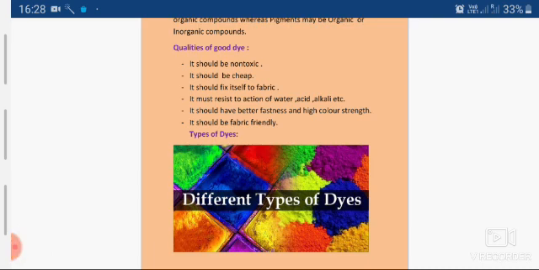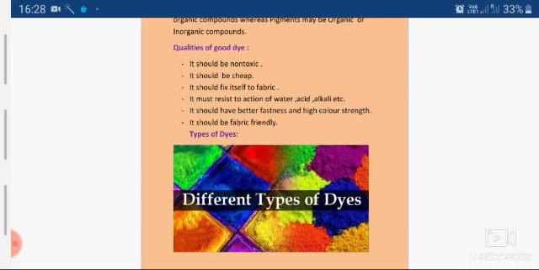Also, there are some conditions that can be satisfied by a good dye. And the first condition is it should not be toxic. It means a dye should not harm the host, so that it must be non-toxic.